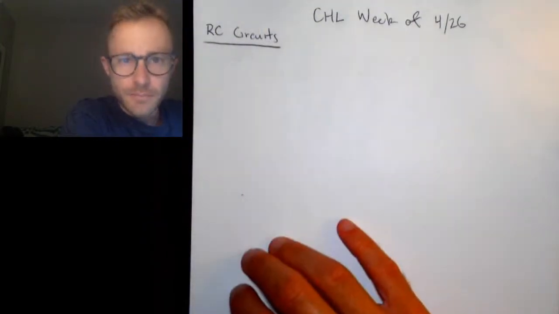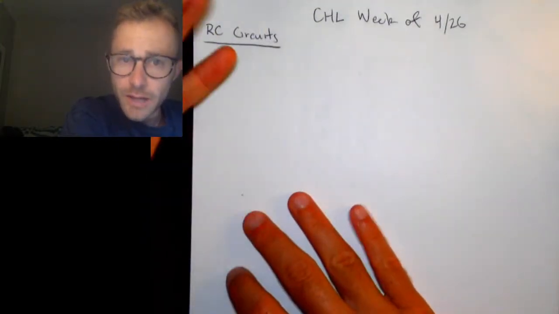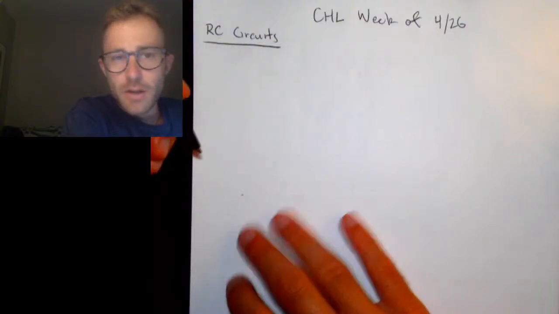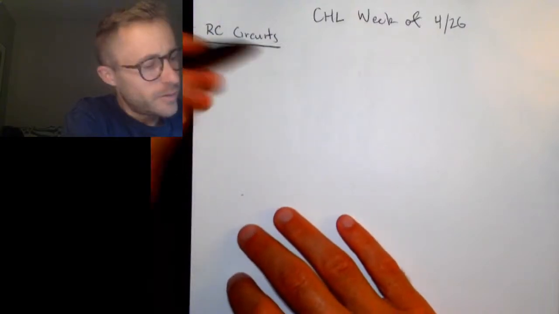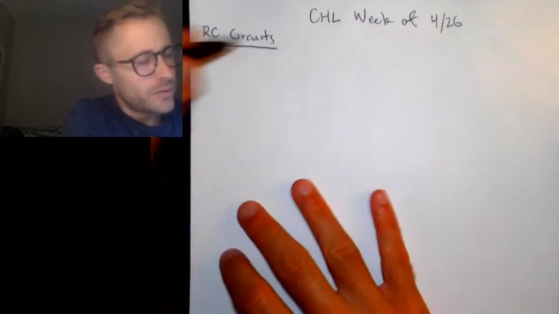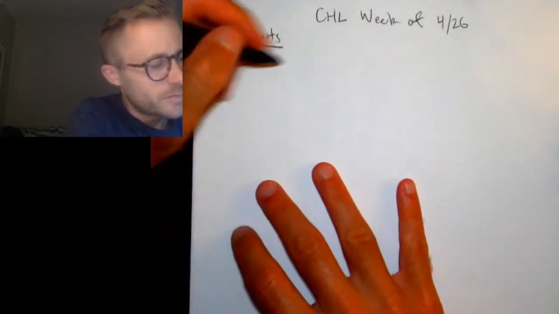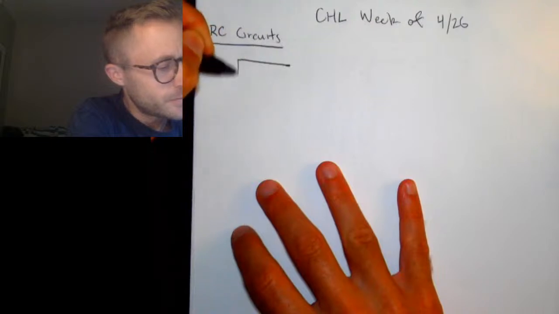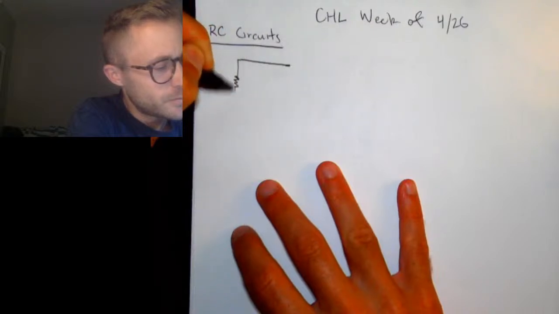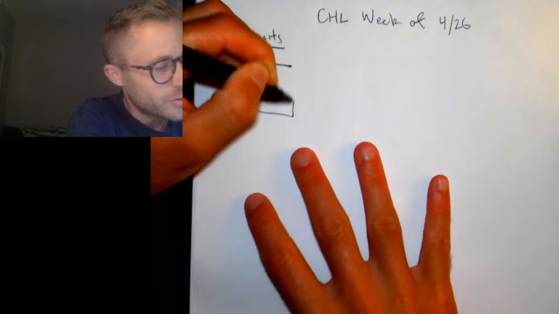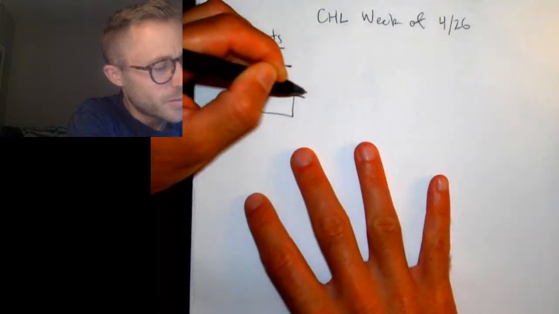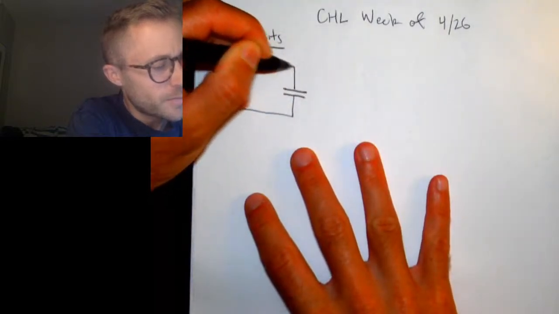And so let's just imagine that you have a circuit that has a resistor and a capacitor in it. So it has a resistor and a capacitor, and that's it.